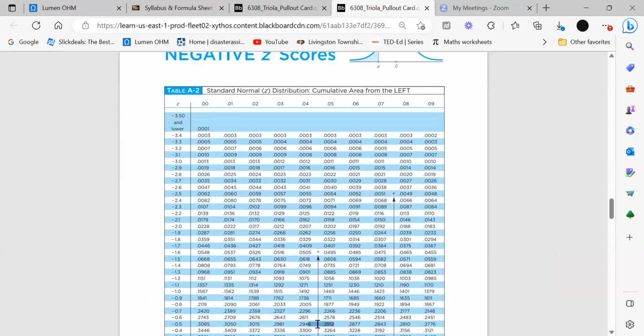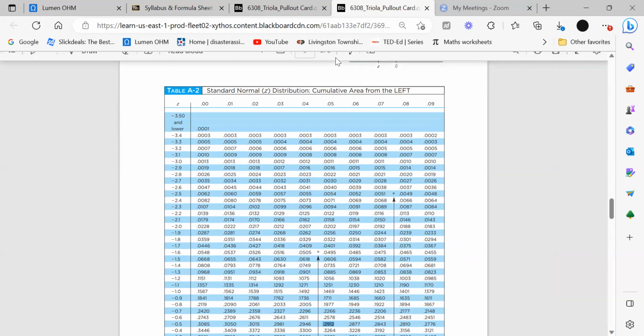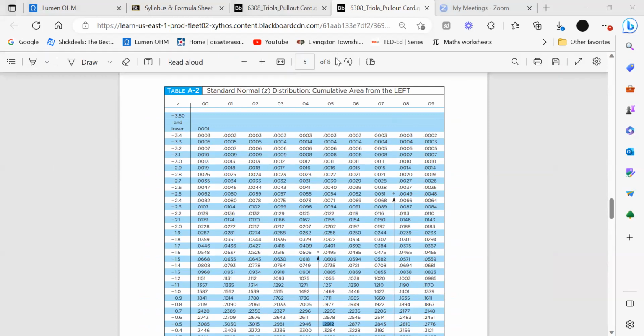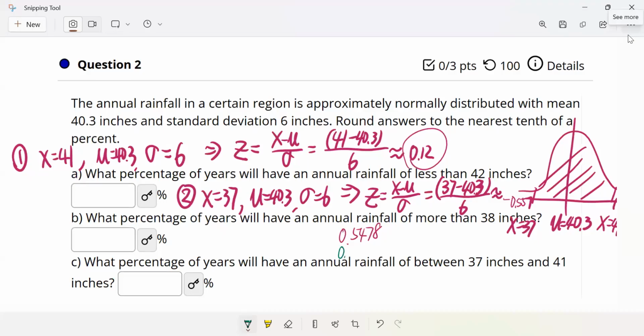So this turned out to be 0.2912, and the difference is the answer. We subtract 0.5478 minus 0.2912 to get 0.2566. So the answer is 0.2566, meaning the percentage will be 25.66%.